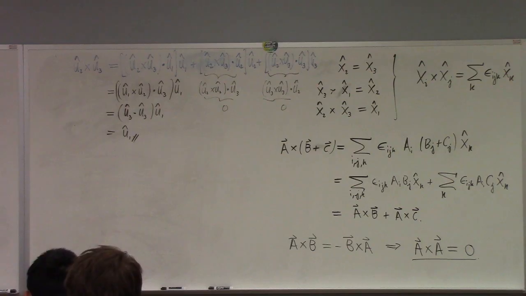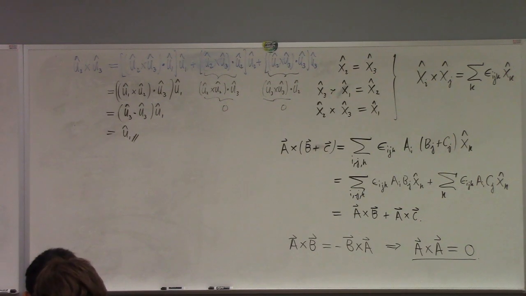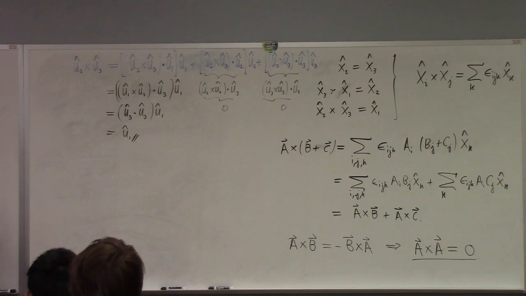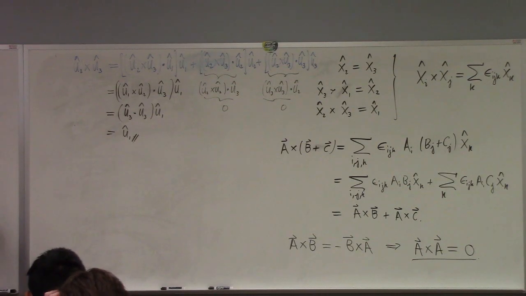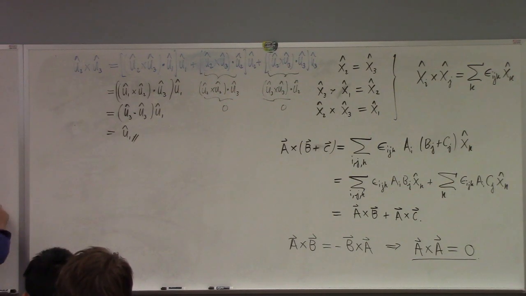We get the sum over i j k, epsilon i j k, partial i g f j x hat k, plus the sum over i j k, epsilon i j k. Pull the g out, and we have partial i f j x hat k.